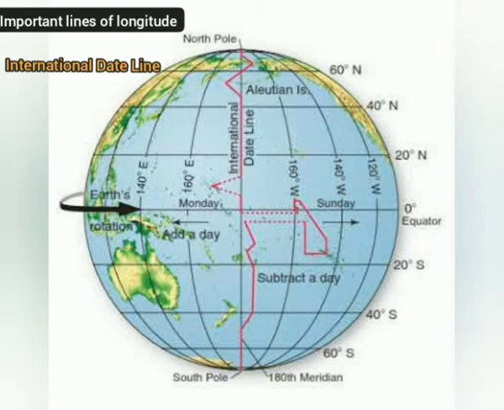This international dateline also ensures that all the parts of a country lying across the 180 degree longitude can maintain the same date and time. Students, if you look at the picture on page number 5 in your textbook, you can observe that the international dateline changes at so many places from its origin.